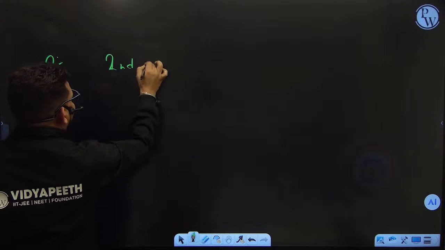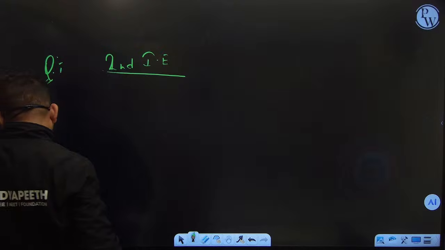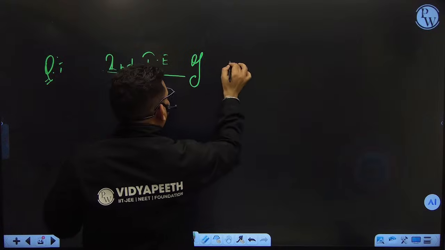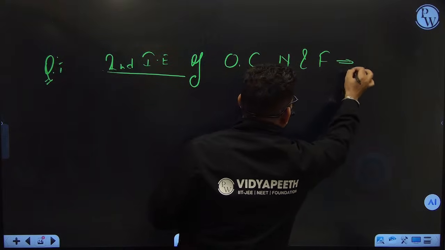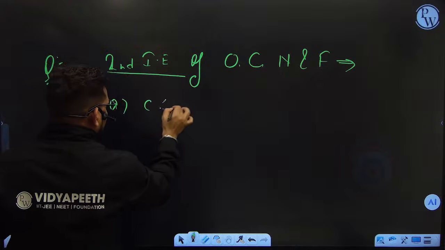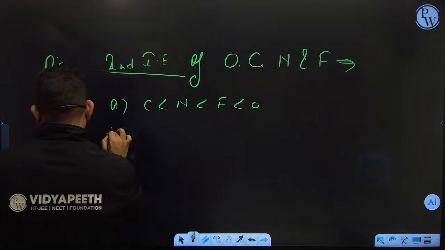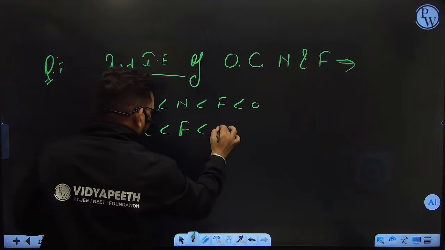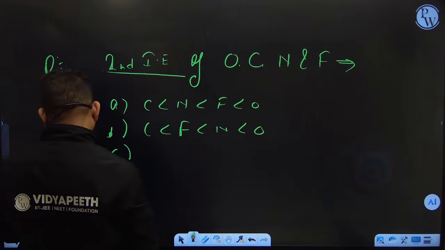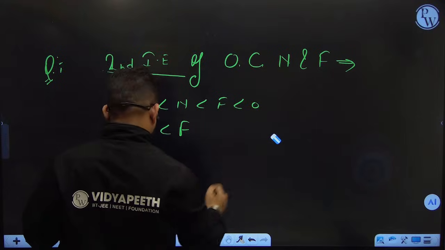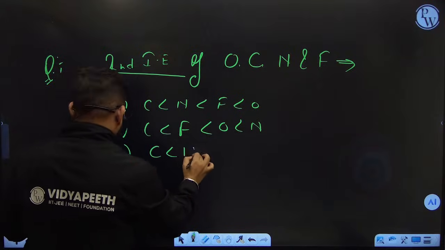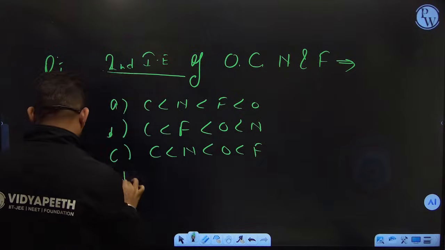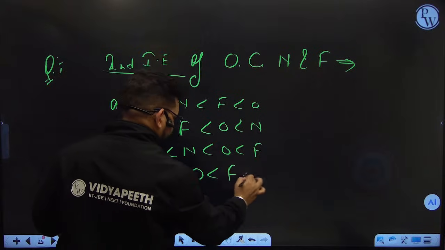They're asking about second ionization energy, the second ionization energy of O, C, N, F. Options are given to you like this: CNFO, option B: CFNO, option C: CFON, and the next option is ENOF, and the fourth one is COFN.